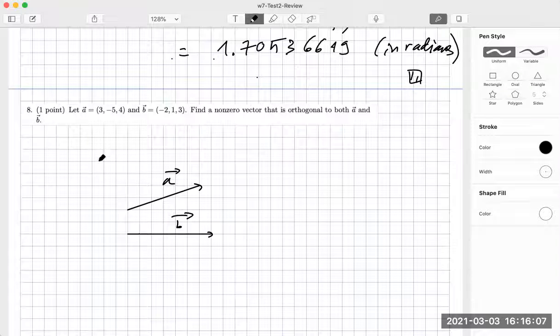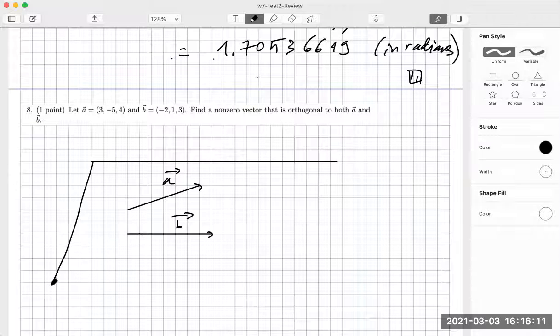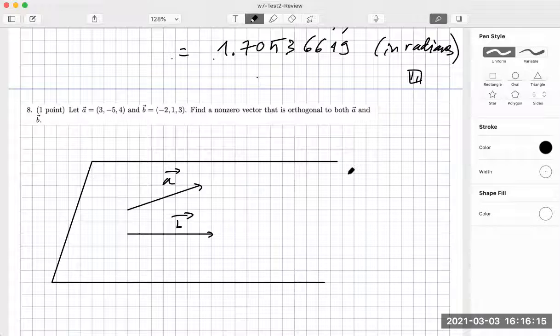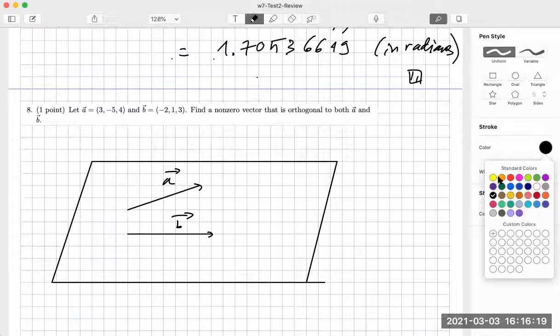They are in the same plane. Then it is in the same plane as the normal vector.